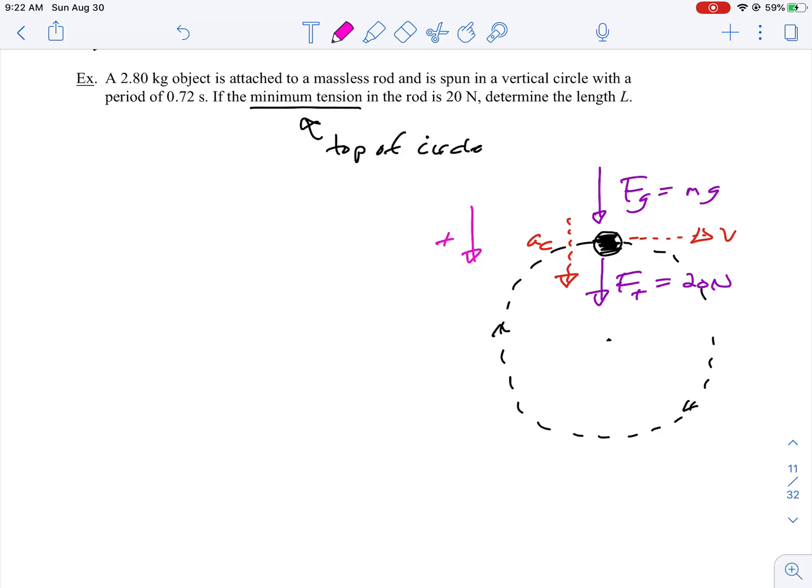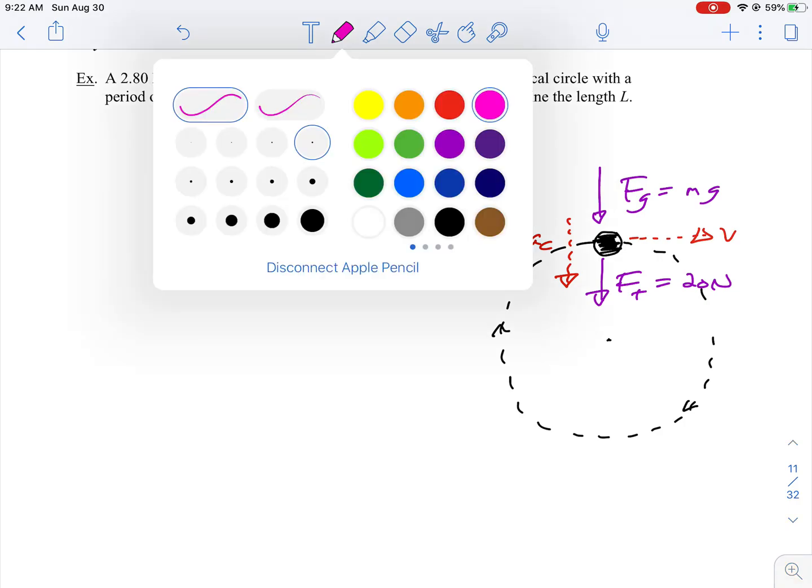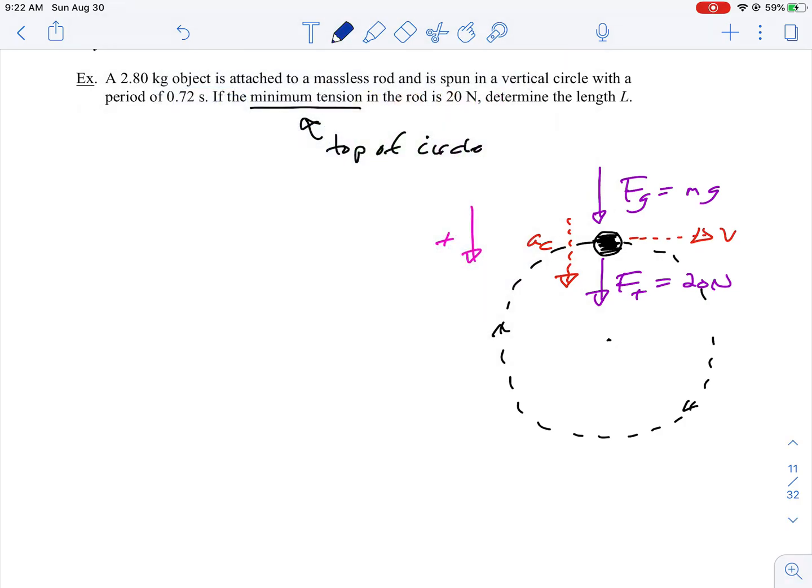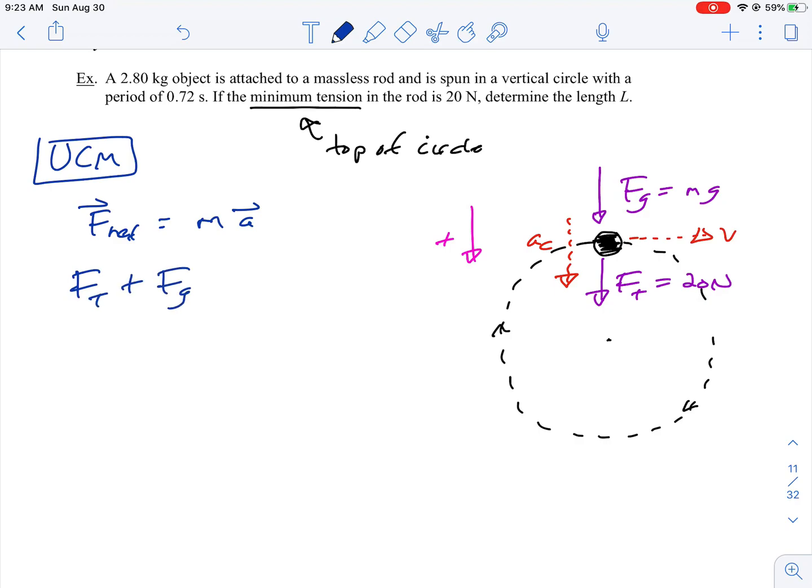Good. And as we did before, we can now analyze this thing using uniform circular motion, second law, accelerated motion, whatever one you want. And this is going to be F net equal to MA. F net is the sum of those two, so it's going to be Ft plus Fg equal to MAC.